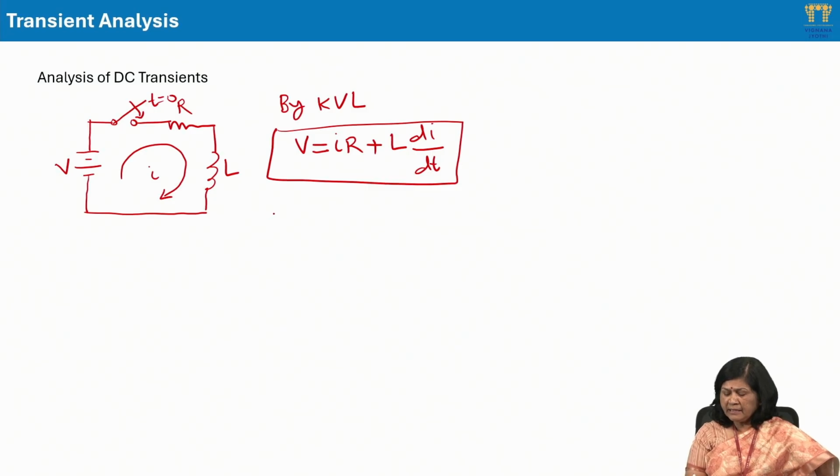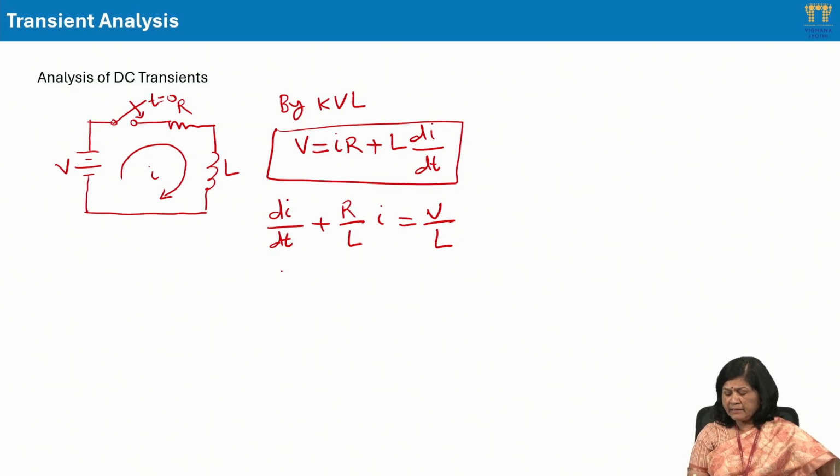So let us solve this first order differential equation by bringing it in the form of the equation di by dt plus R by L into i equal to V by L. To find the solution of this, there are a number of methods for first order differential equations.